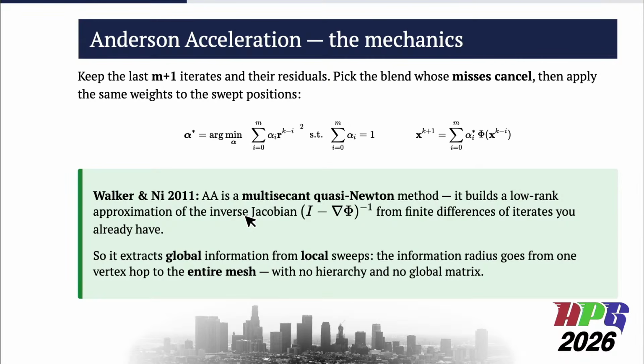The way we do that is we save some history states as the solver iterates, and then we use them to extrapolate a state that can lower the global error.